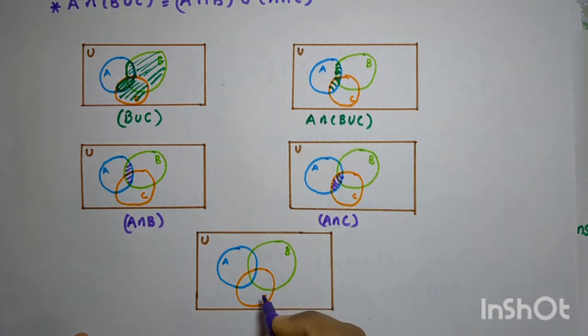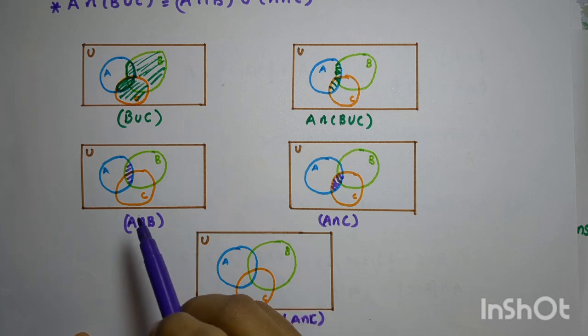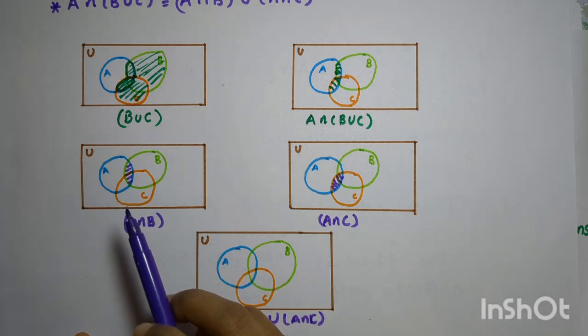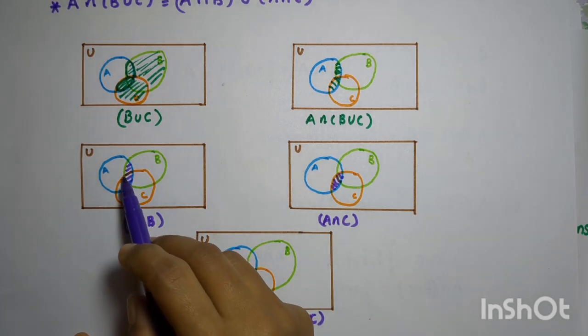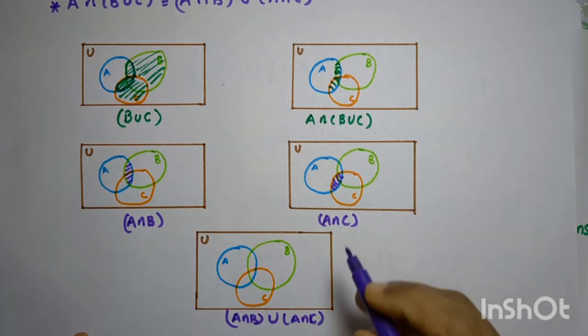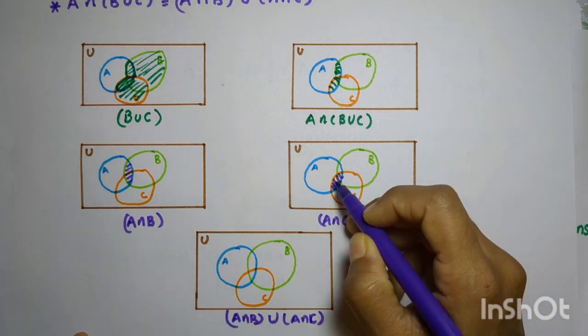Now if we consider (A intersection B) union (A intersection C), we have to consider the portions of A intersection B and A intersection C. A intersection B has this shaded portion and A intersection C has this shaded portion.